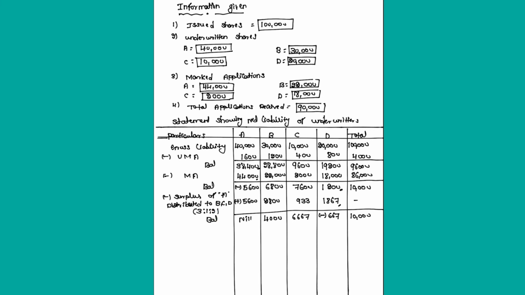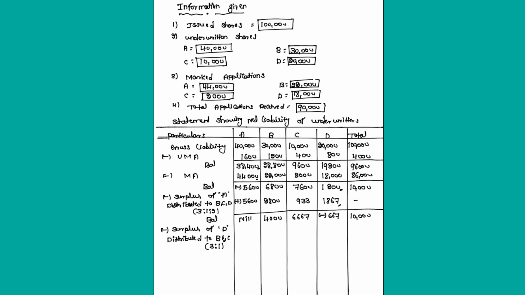So less surplus of D distributed to B and C in the ratio of 3:1.